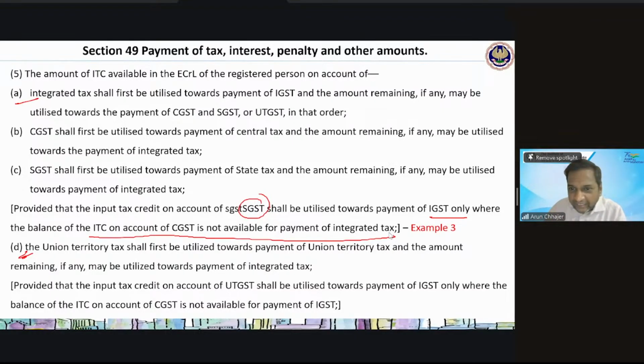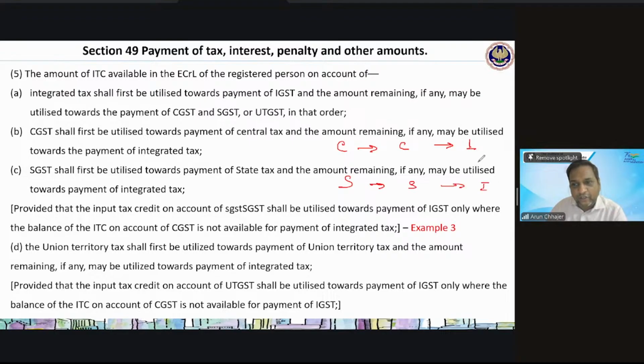C will give to C first and then I, it is written in clause B. Similarly, S will give to S and then I, it is written in clause C. But the proviso says S will be used toward the payment of I only when C becomes 0.